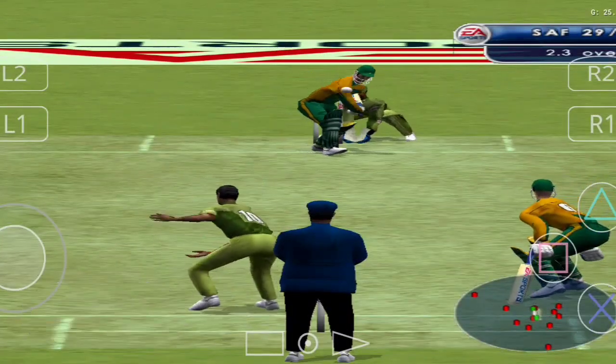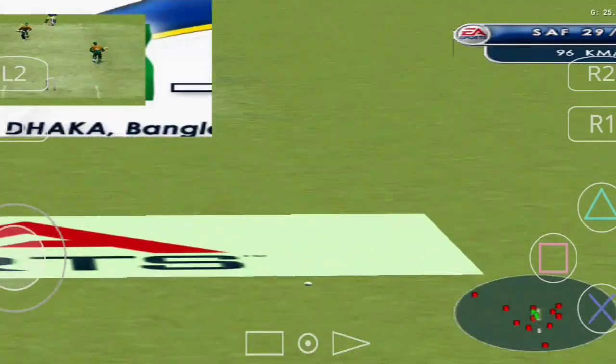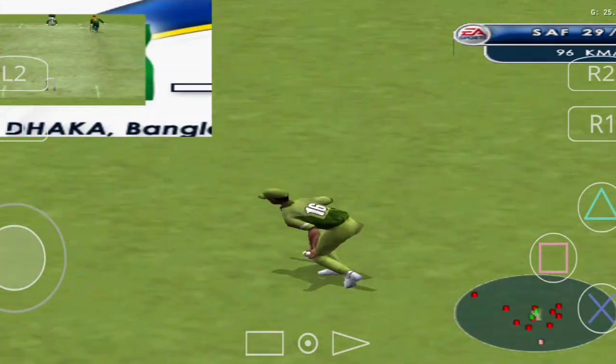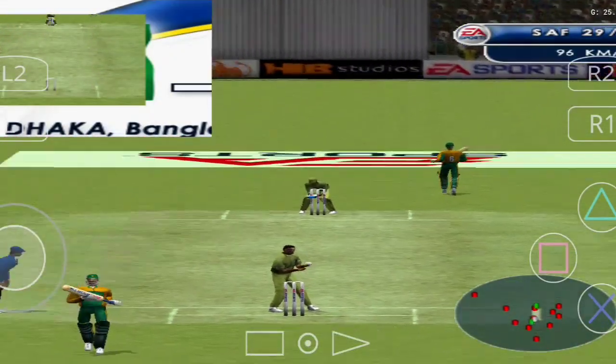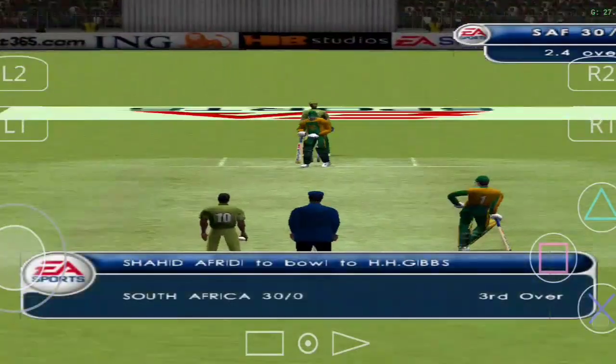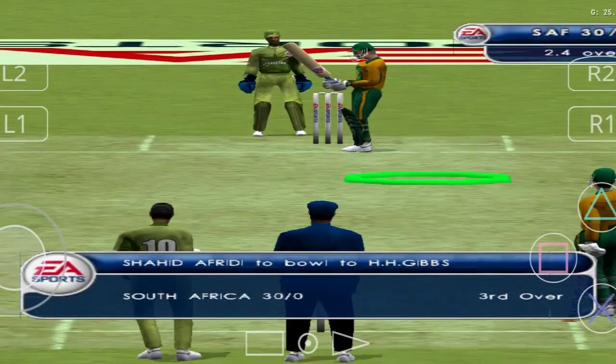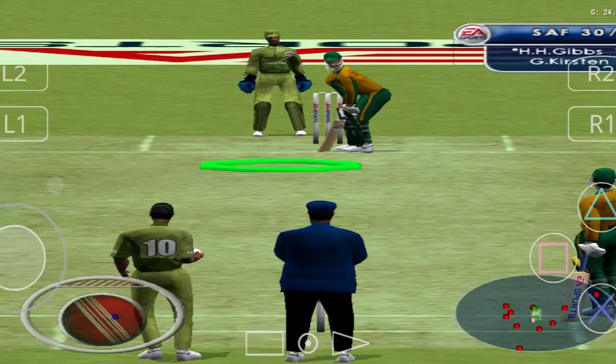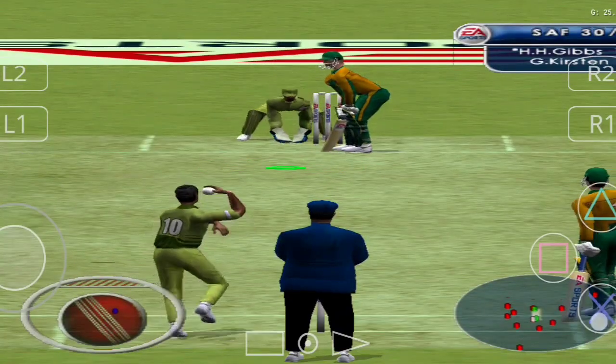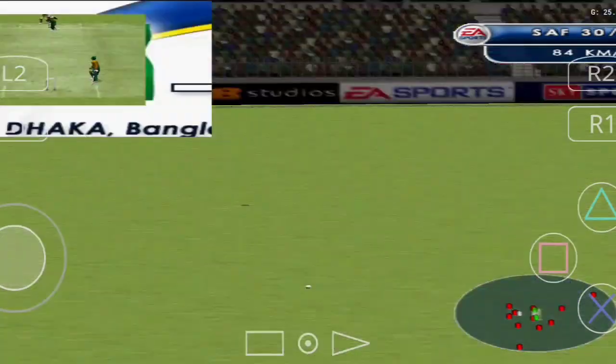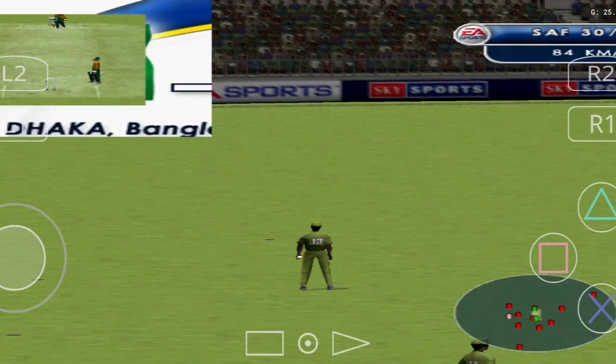Steered expertly into the gap. Hit straight to a fielder.